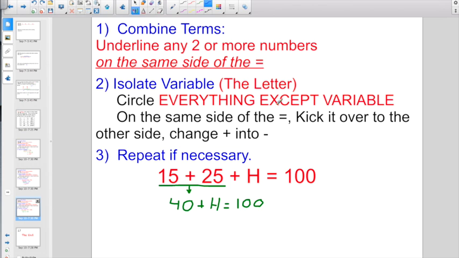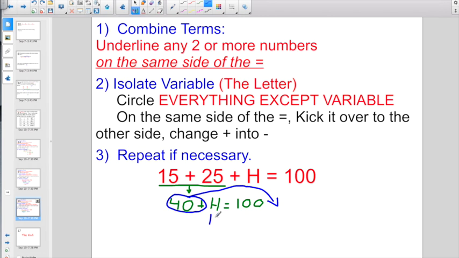Circle everything except the variable on the same side of the equal sign. H wants to be by himself. So let's go ahead and circle the plus and the 40. Kick him over to the other side, and I kicked him so hard the plus sign broke. He turned into a minus. Let's write down everything that's not circled.